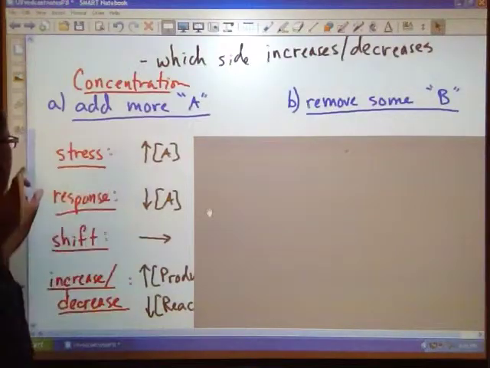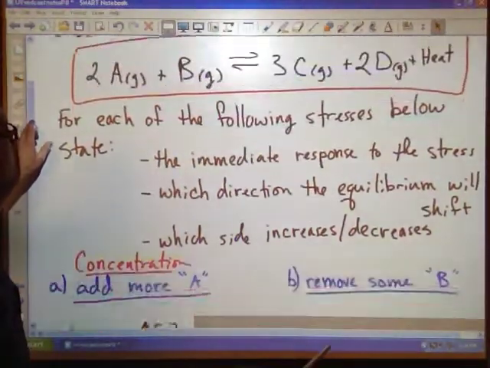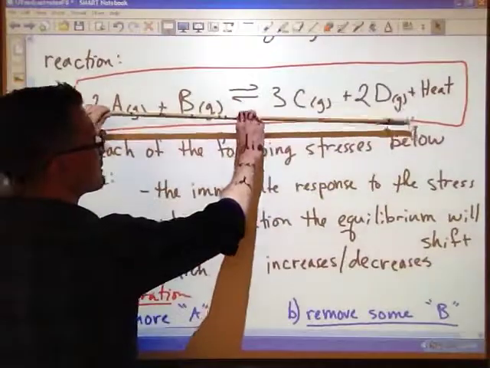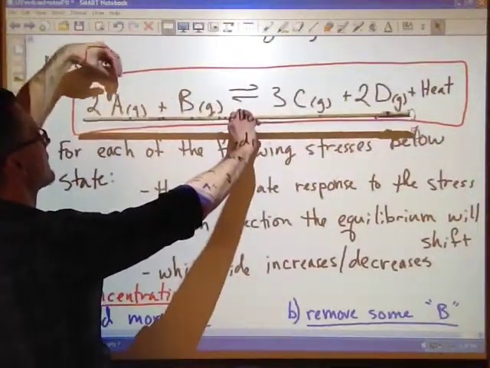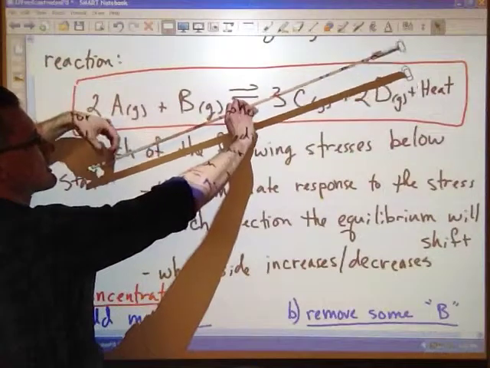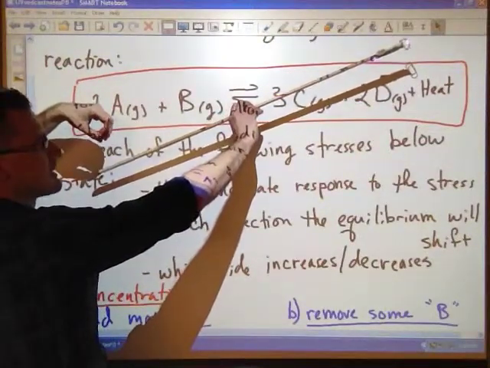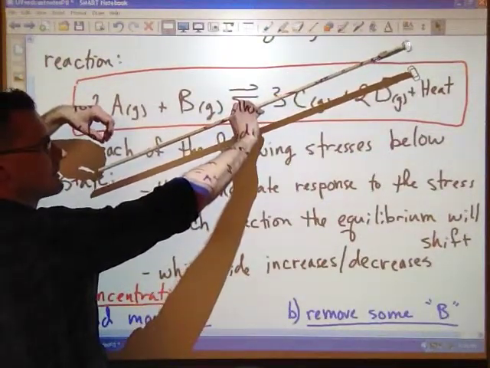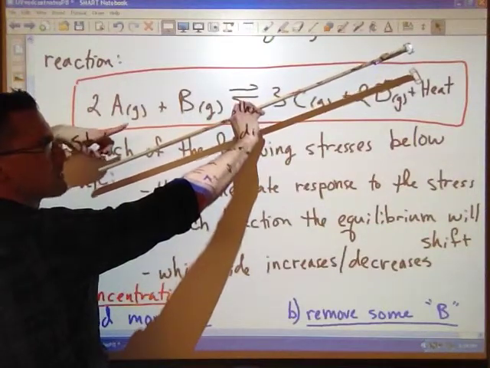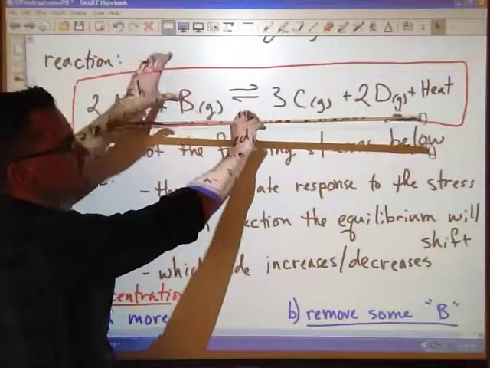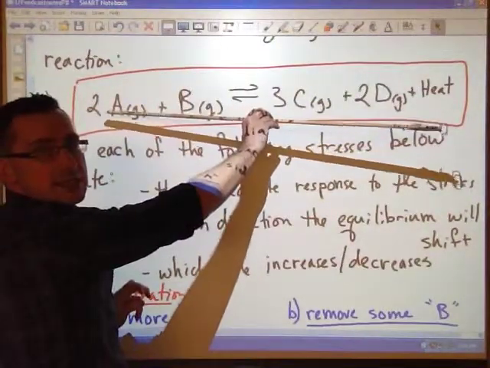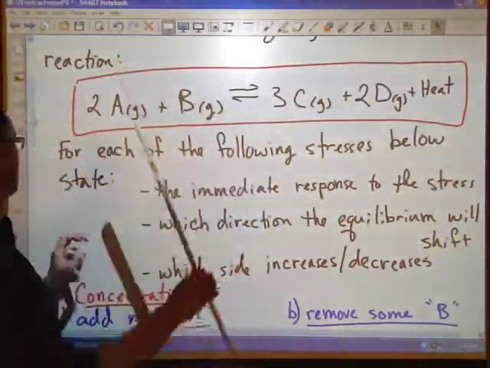So, if I'm adding more A, if I go back up to the equation here, think of it like this. Originally it's in balance, but if I add more A, it's like I have way more reactants than I need, so it's out of equilibrium. So to go back into equilibrium or back into balance, I would have to shift things to the right to get things balanced once again.